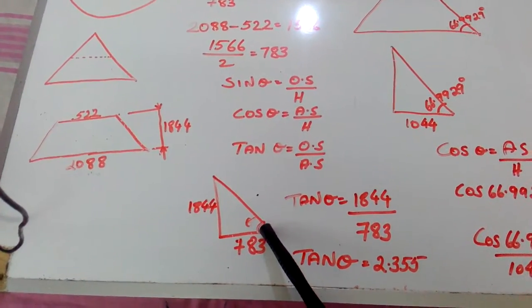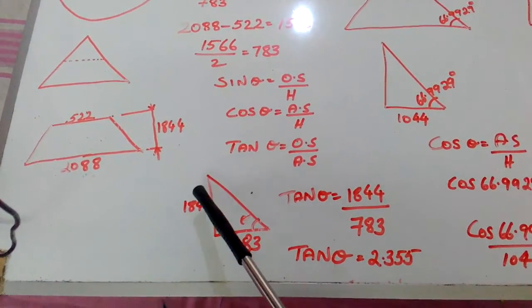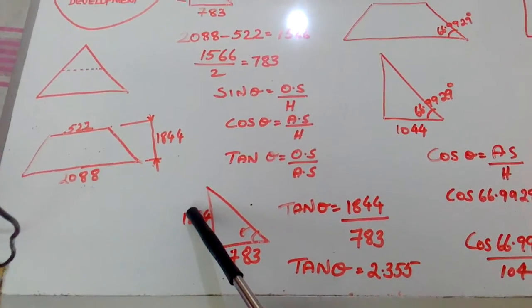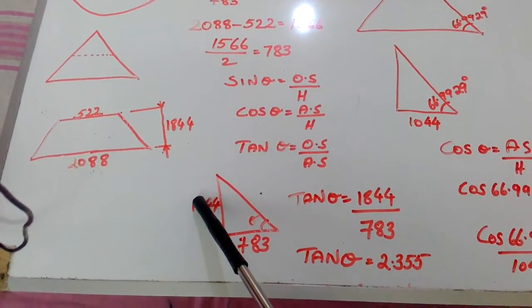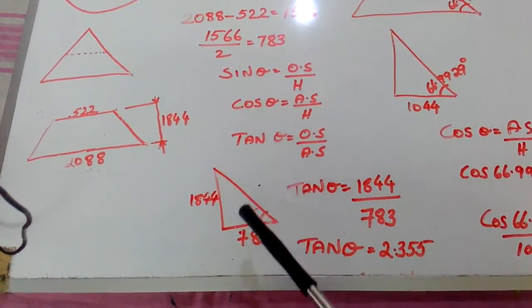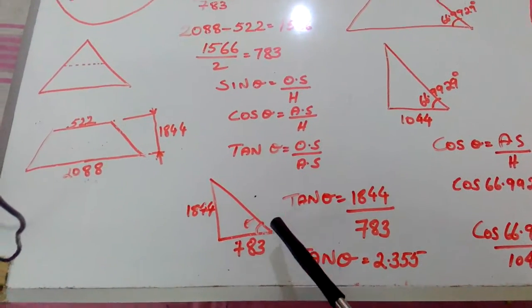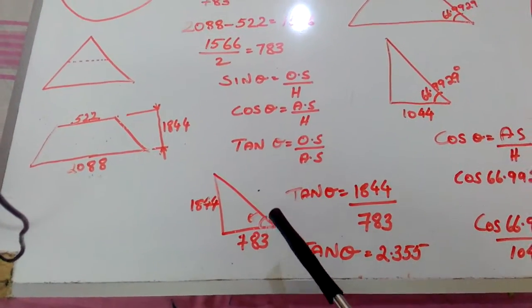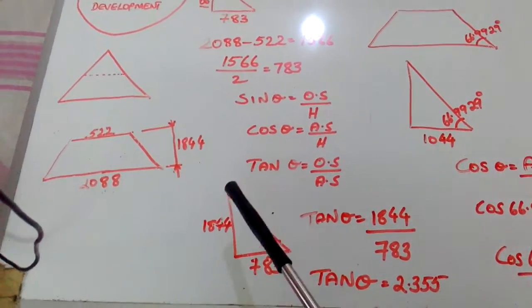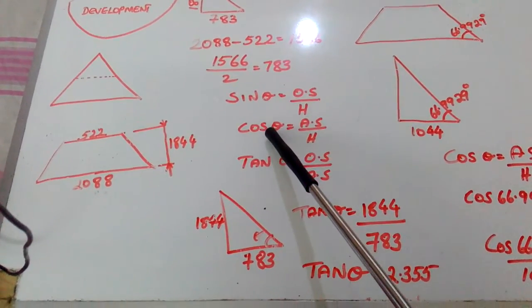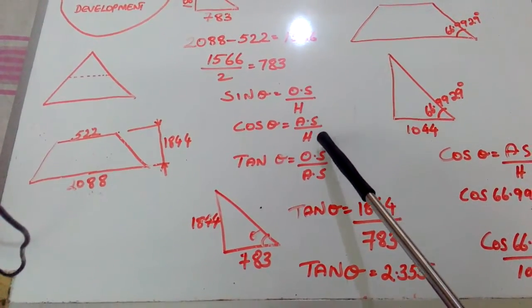According to this degree, this will be its opposite side. I have taught you all those in the last episode, so I don't describe. And divided by hypotenuse, everybody knows it is the opposite side of the 90-degree angle, and it will be the longest measurement in those triangles. So opposite side divided by hypotenuse, that is one formula. Another formula is cos theta is equal to adjacent side divided by hypotenuse.